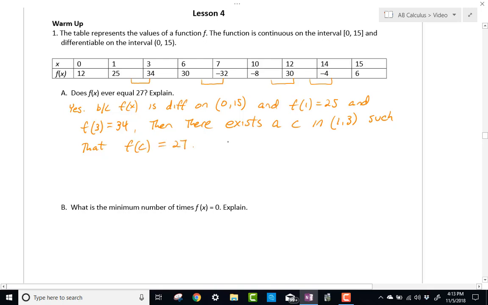How do we know this? This is IVT, intermediate value theorem.